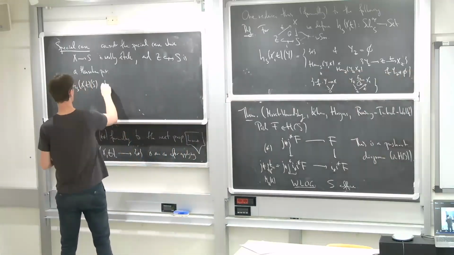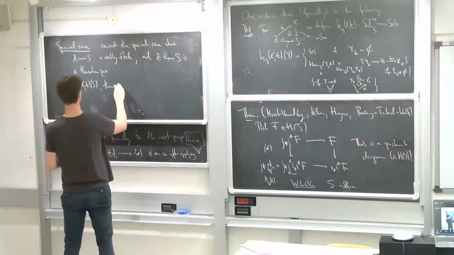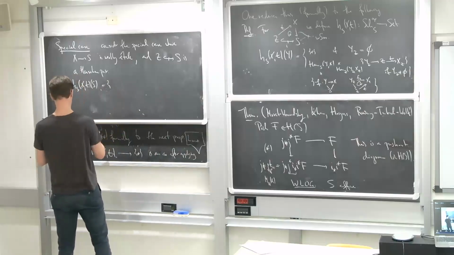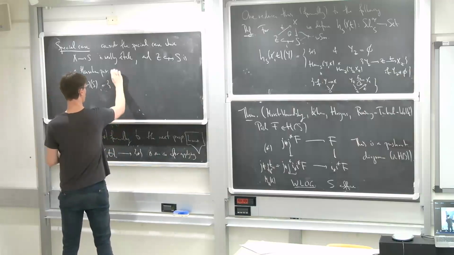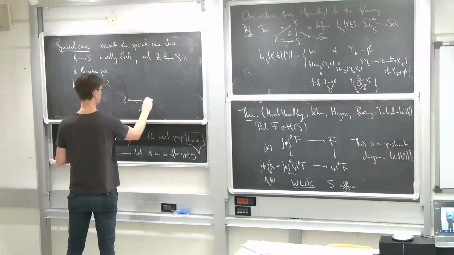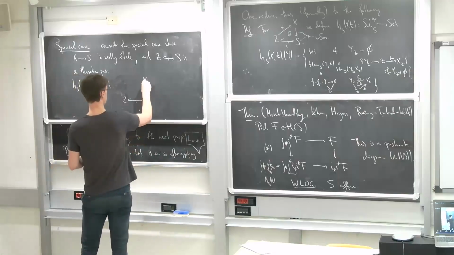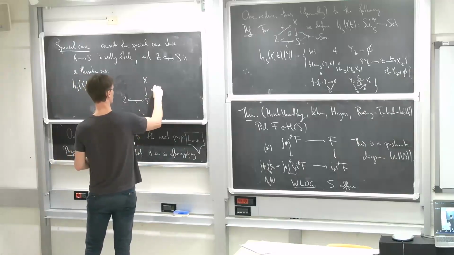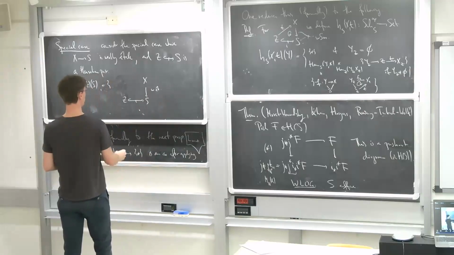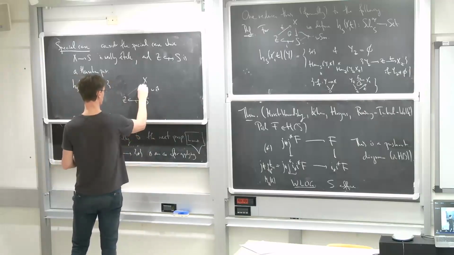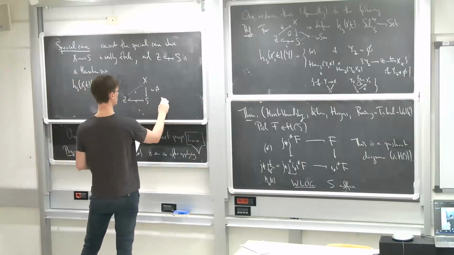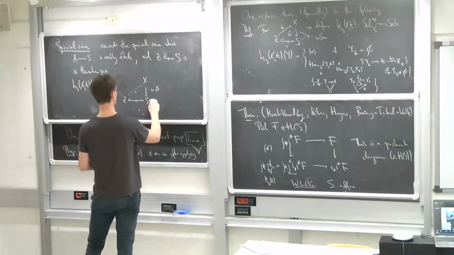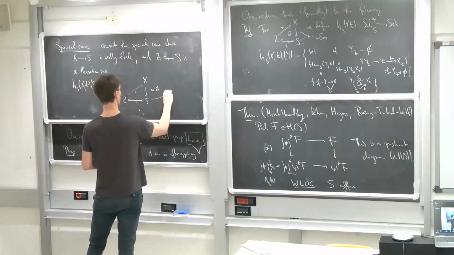Then we have this Z sitting inside S. This X is my weakly étale thing, and I'm already given this section, and I want to have an extension of this section. So how do I write it best? Maybe I write it like this.